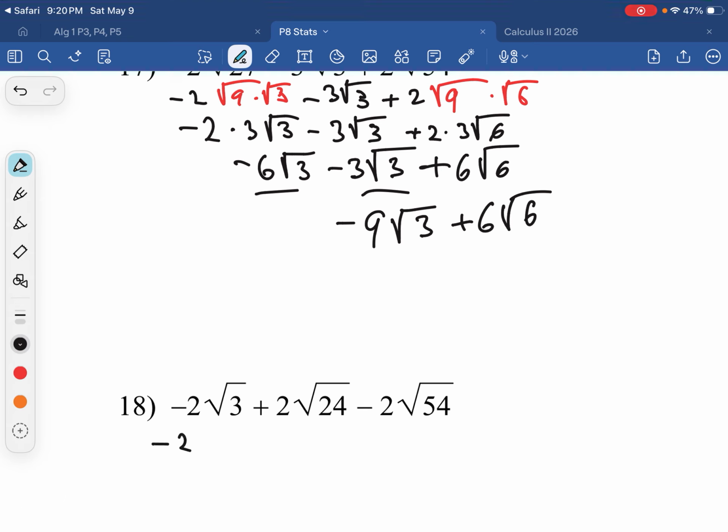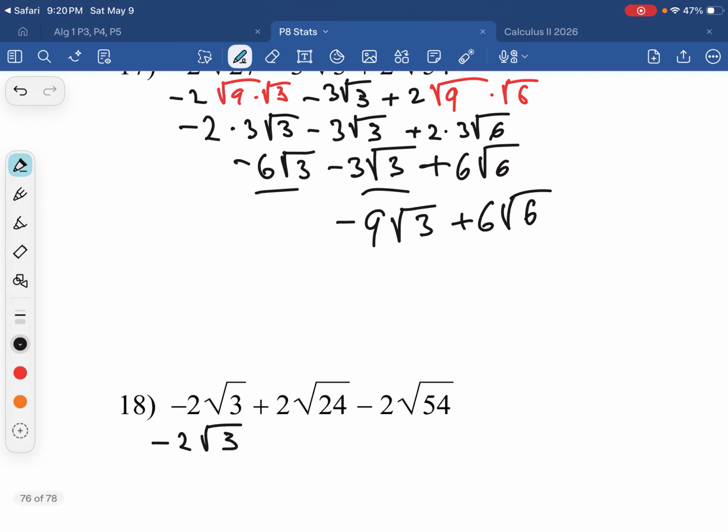Similar thing here, negative 2 square root 3. I can't simplify that. 24 is going to look like 2 square root 4 times the square root of 6 minus 2 square root 9 times the square root of 6.